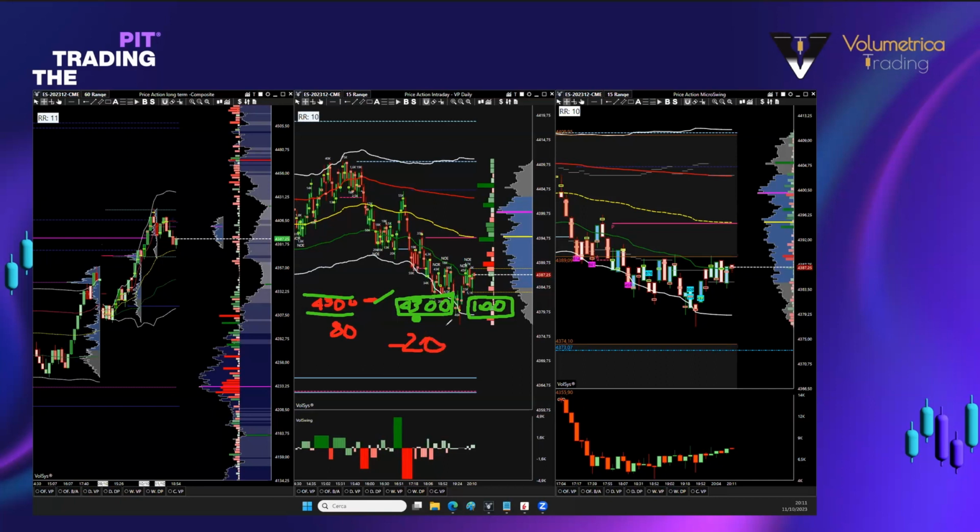In order to calculate delta, and the way delta-based tools calculate delta, is starting from the ask value, so the value of contracts traded on the ask, buying aggressively, minus the contracts traded on the bid at the very same level.